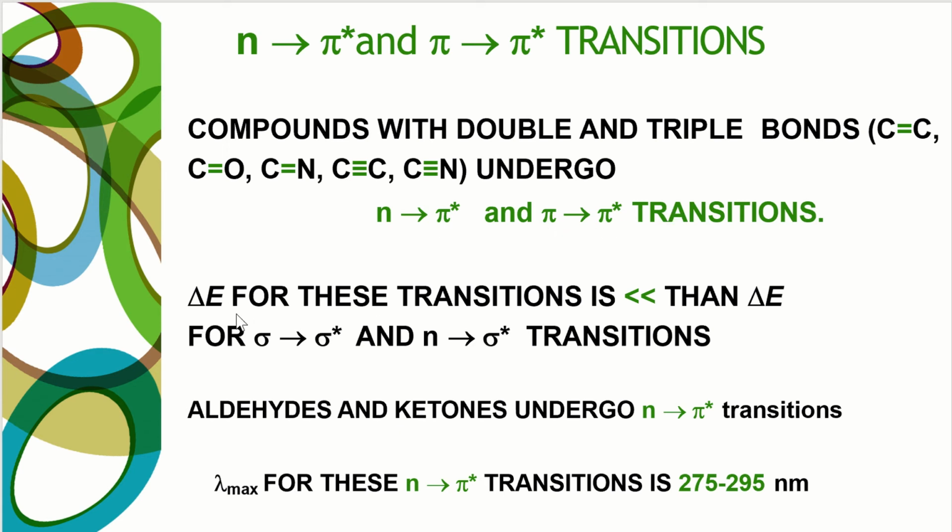And so the change in energy for these transitions is much less than the change in energy for sigma to sigma star, as we have seen, and the n to sigma star transitions as we have also seen. And so aldehydes and ketones undergo n to pi star transitions, and the lambda max for these n to pi star transitions is approximately 275 to 295 nanometers.